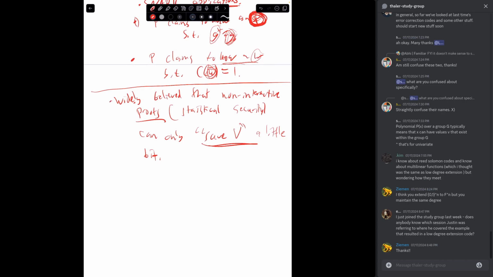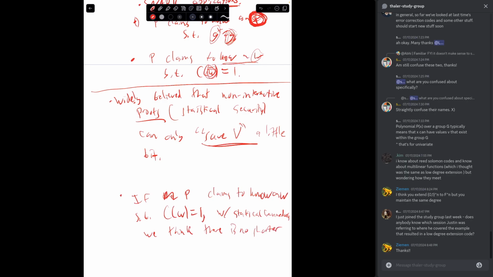There's very good evidence that if the prover claims to know a W such that it causes some circuit to output one, with statistical soundness, whether interactive or otherwise, we strongly believe there is no shorter proof than just sending W.